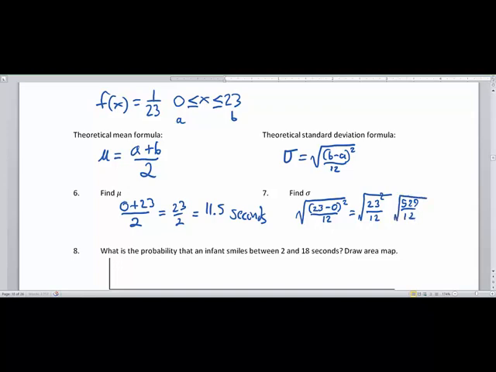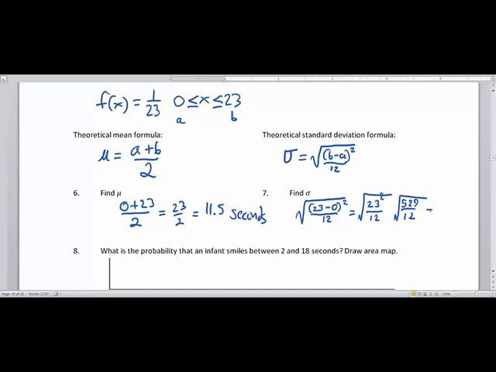If we type into the calculator 529 divided by 12, we get 44.083 repeating. Then we take the square root of that, and the square root of that will be 6.64, or if you want to round that, about 6.64 seconds.